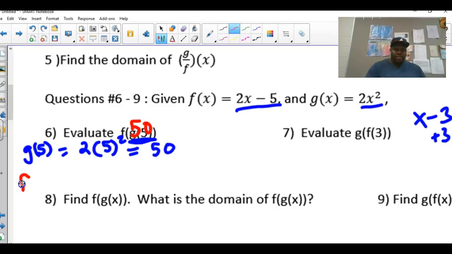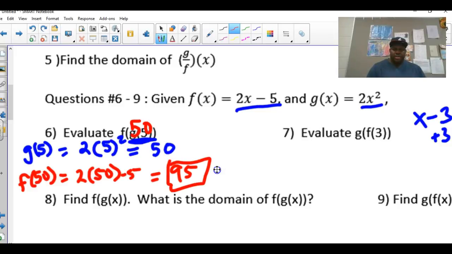So we have f of 50 equals, and we're going to put that 50 right there. So you have 2 times 50 minus 5. So 2 times 50 is 100, and 100 minus 5 is 95. Therefore, guys, f of g of 5 equals 95.